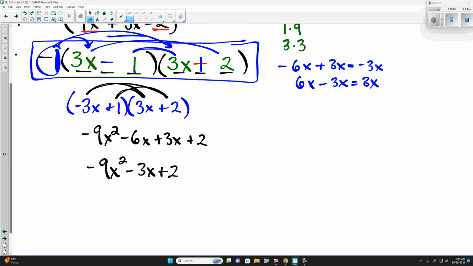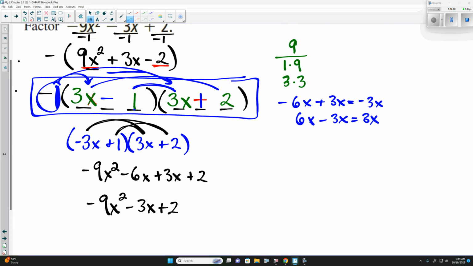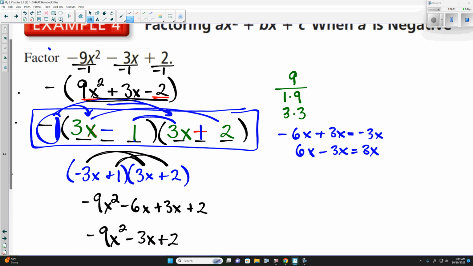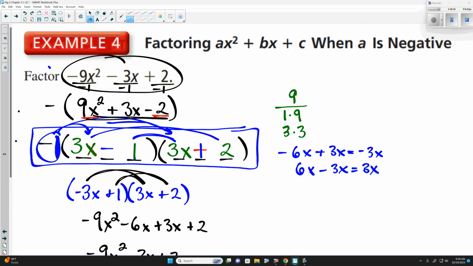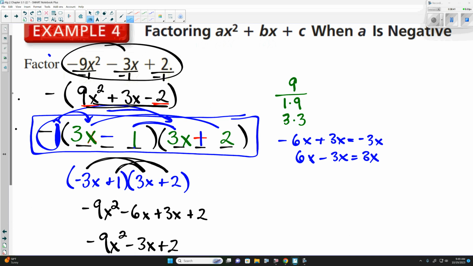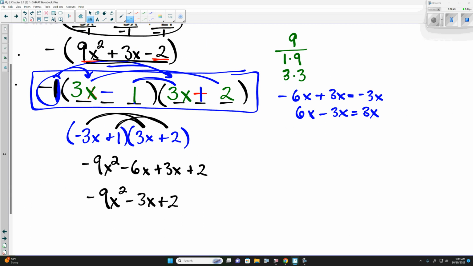Now, you might be saying that doesn't match this here. Well, it's not supposed to. It matches the original because we put the negative back into it, so it's going all the way back to the top. Most likely, you'll probably stick with this one here.